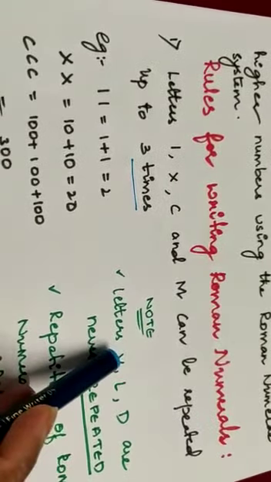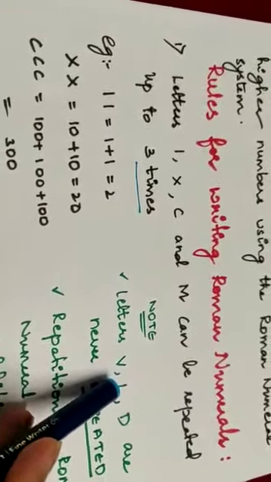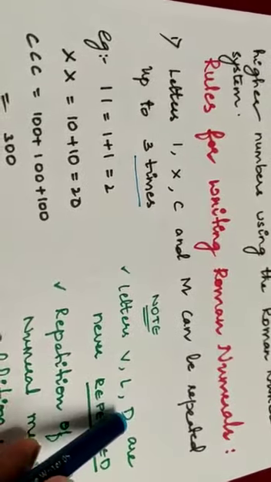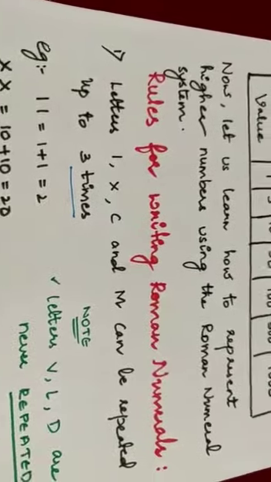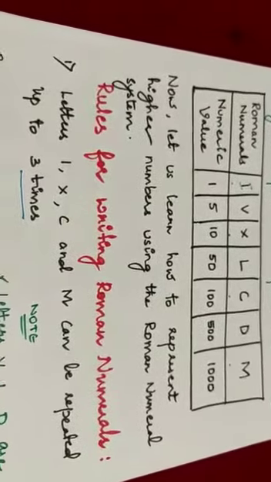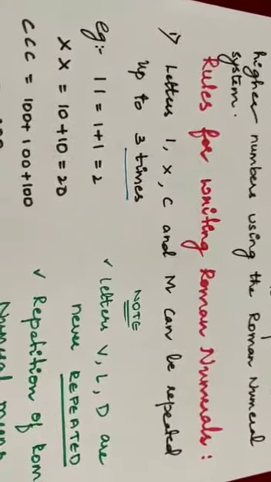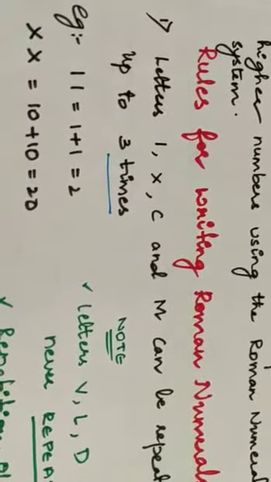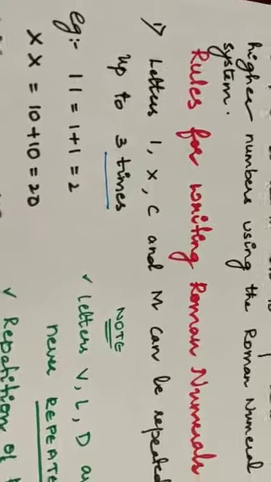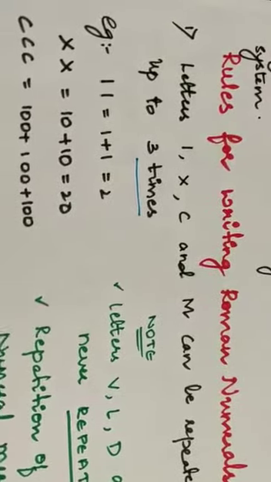What is the value of V? 5. What is the value of L? 50. What is the value of D? 500. I am telling you the numeric values from this tabulation, children. So these letters are never repeated. Only the letters which are repeated are I, X, C and M.